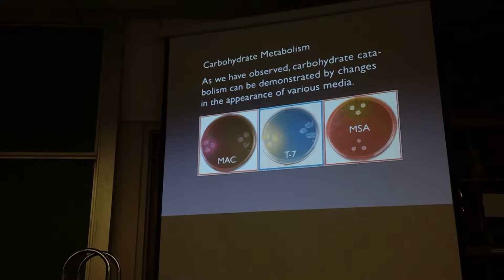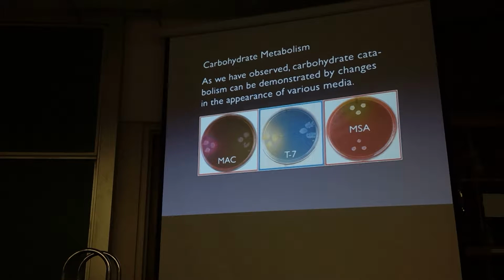The other plate, the plate on the right hand, is mannitol salt agar. What's the carbohydrate in mannitol salt agar? Mannitol. It's in the name. The salt isn't a carbohydrate. Anyway, the pH indicator in mannitol salt agar? Anybody? Phenol red. If the organisms produce acid, they turn it yellow. If they produce alkaline end products, they'll turn it a hot pink color.